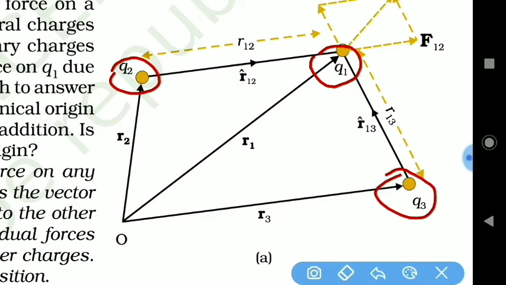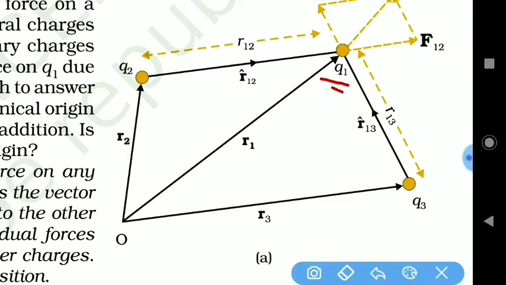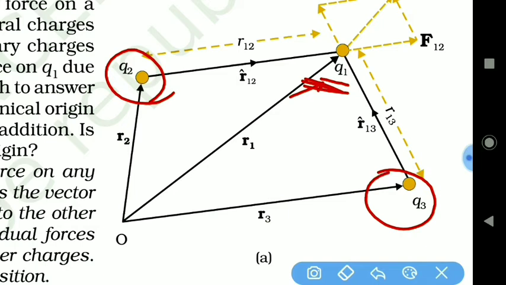Now here we are going to find the force on this first charged particle Q1. The force on this particle is due to this second charged particle, and also due to this charged particle Q3.